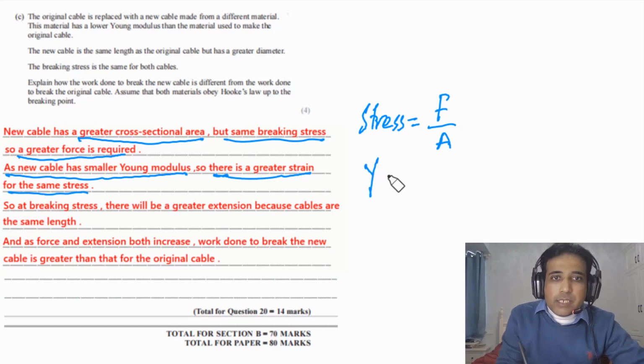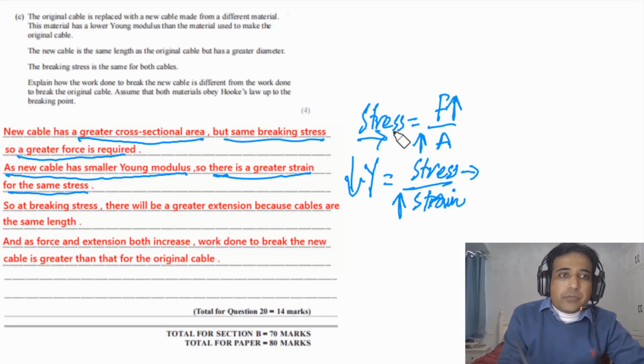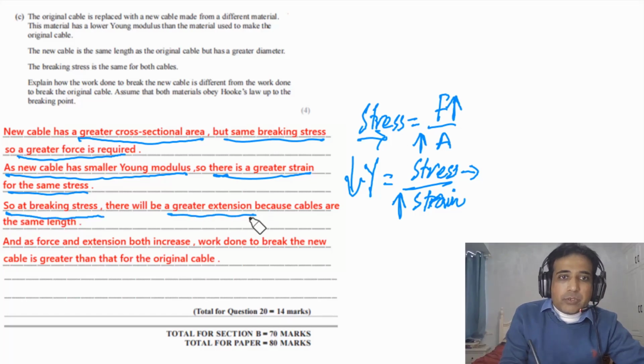So we can also say Young's modulus is equal to stress over strain. In a simple way you can write here: this value is lower, this value is the same, so this value has to be greater. So at breaking stress there will be greater extension because the cables are the same length.